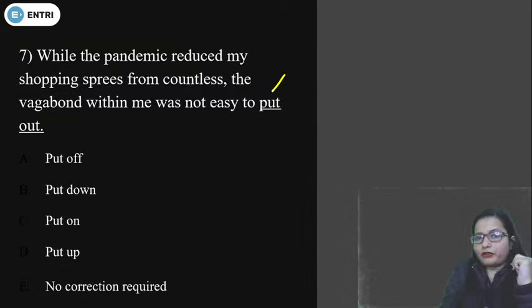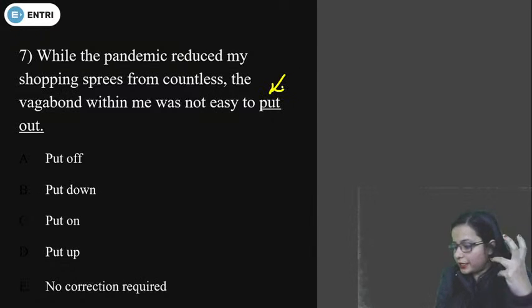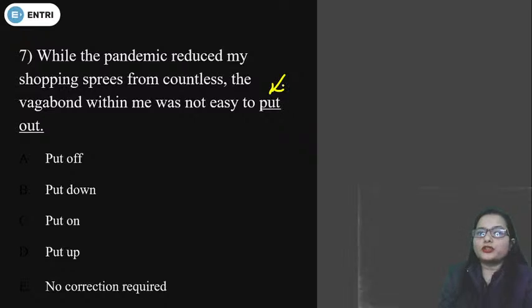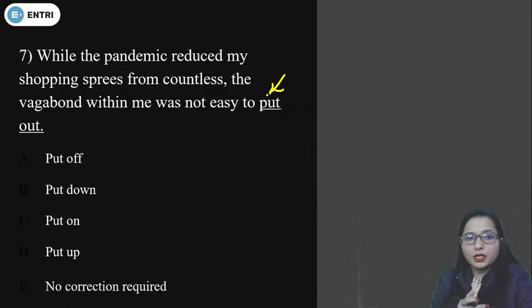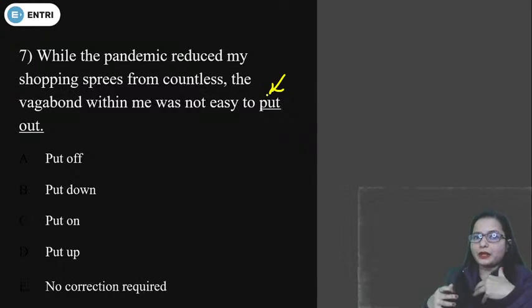So based on phrasal verbs, the knowledge of phrasal verbs is going to help you a lot in such questions. Do you know the meaning of put out? Actually it means that nothing can stop me, because the pandemic reduced shopping sprees from countless.